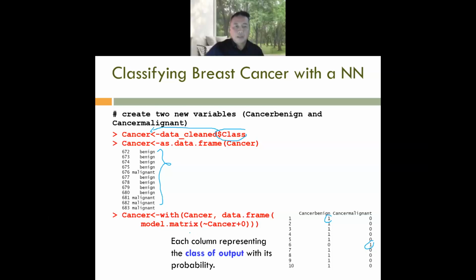So this will transform them into a matrix. The cancer column from here will transform into this matrix here, with each column representing the class of output with each probability.